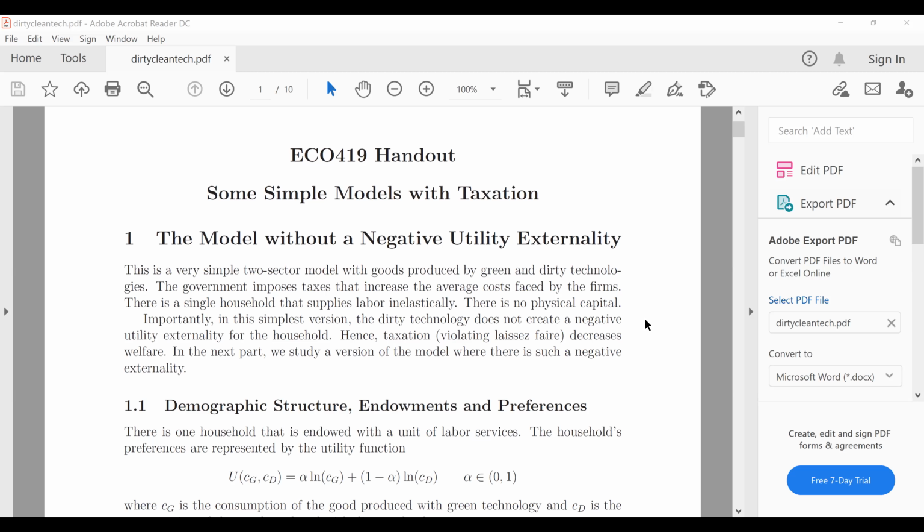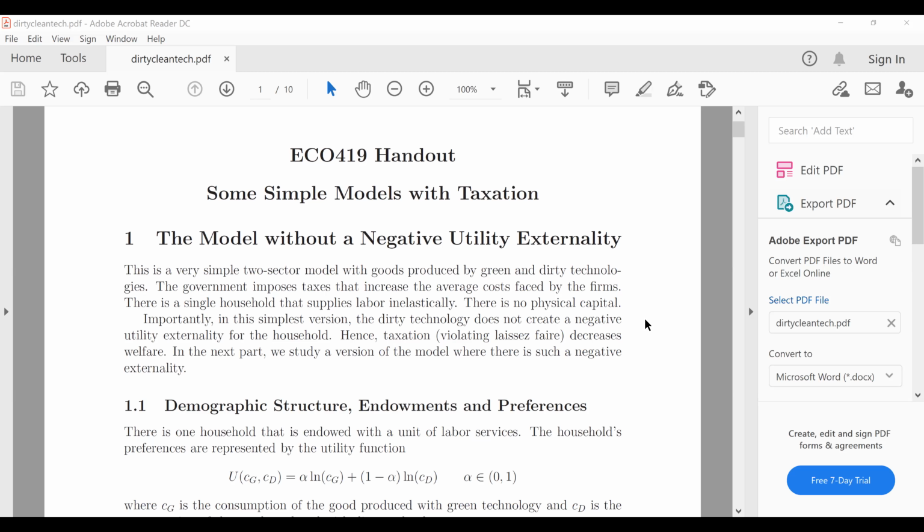So there's only one household in this simple model. There could be many. It doesn't really change the environmental part of the model a lot, because people are going to consume these goods anyhow. So one person or 1,000 people doesn't really matter for our purposes here. And there's no physical capital as well. All right, the model is very simple. There's just labor.